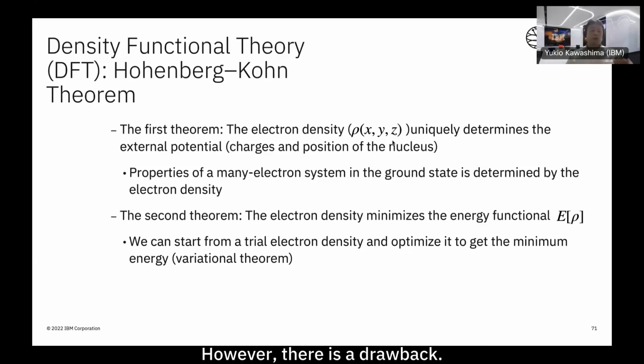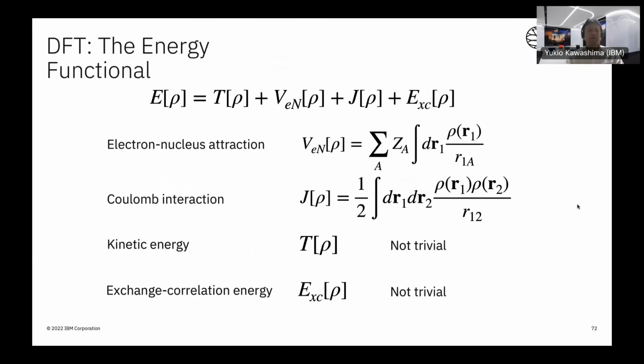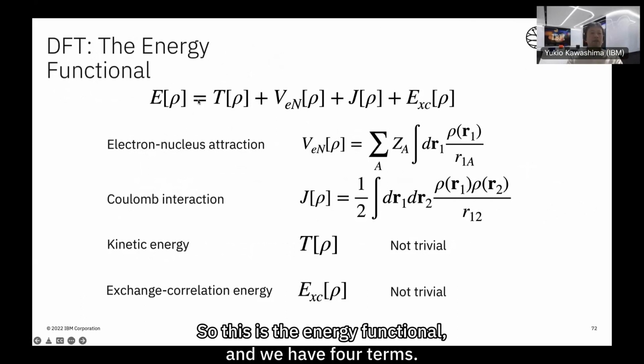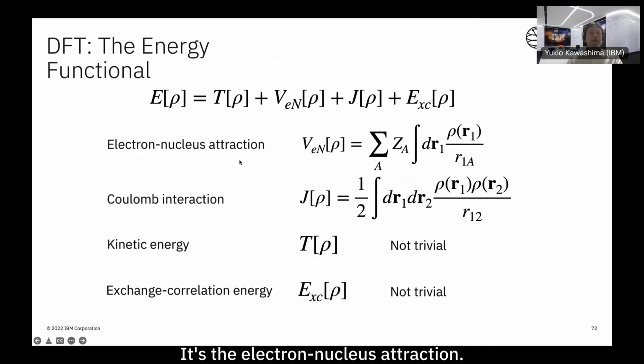However, there is a drawback. We don't know what the true, or exact, energy functional looks like. So here is the energy functional at the moment, and we have four terms. Let's look at the first term. It's the electron-nucleus attraction.